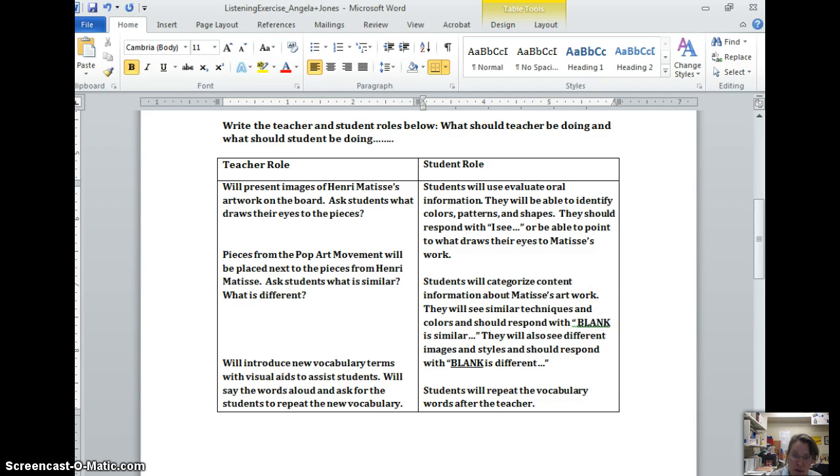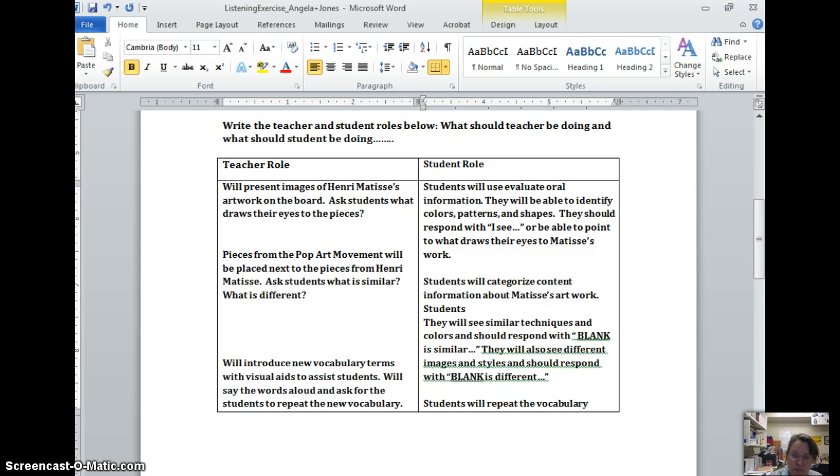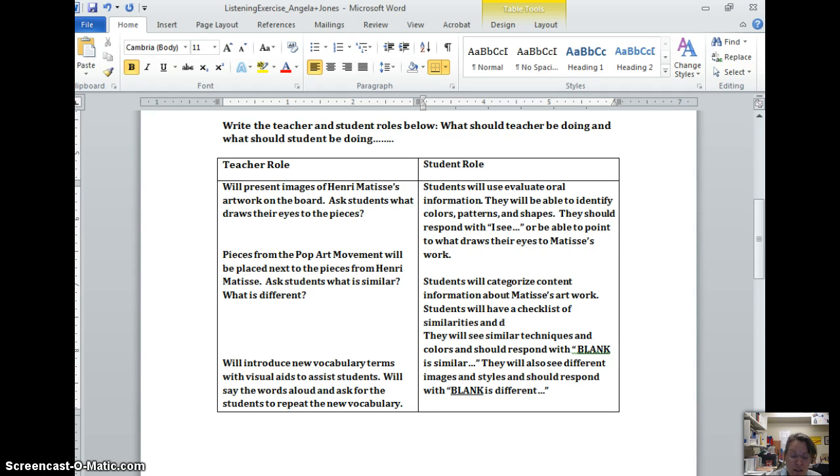Perhaps the students will have a checklist of similarities and differences. Okay? Or a checklist or organizer of similarities and differences.